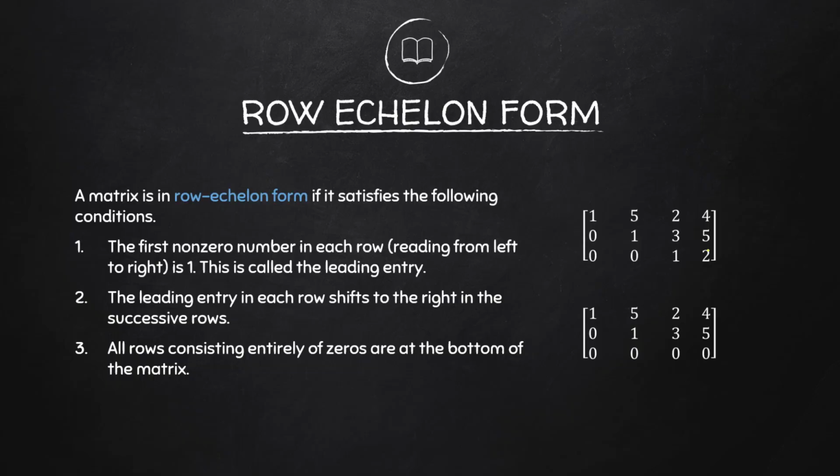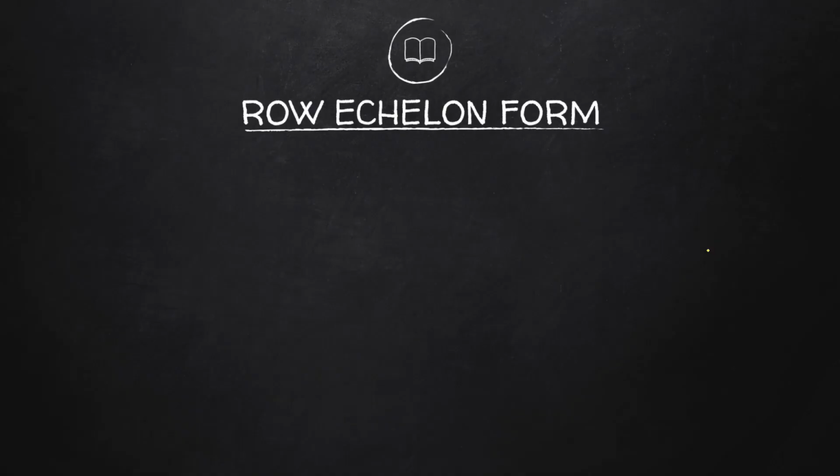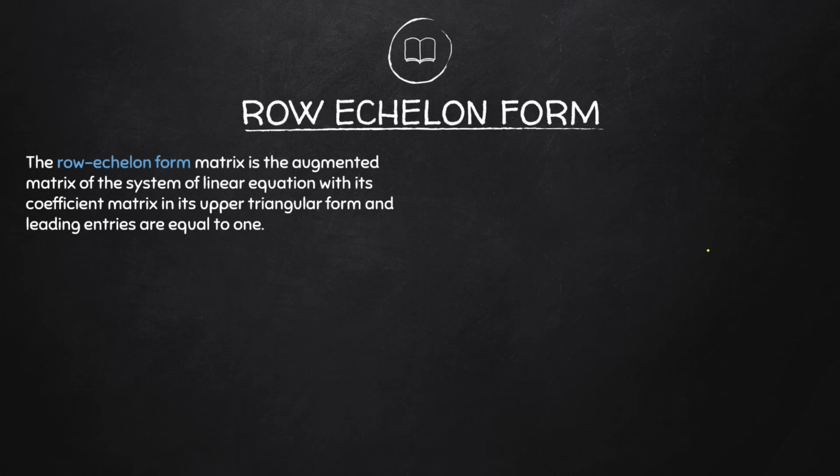Or we can simply say that the row echelon form matrix is the augmented matrix of the system of linear equations with its coefficient matrix in upper triangular form and leading entries equal to 1. Because you already know the concept of the upper triangular form, we have simplified the row echelon form. Okay, so let's copy the REF, the row echelon form, of our computed matrix.